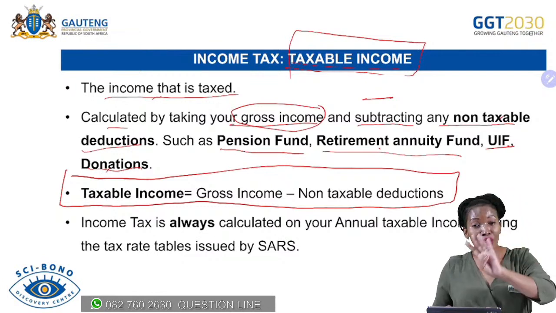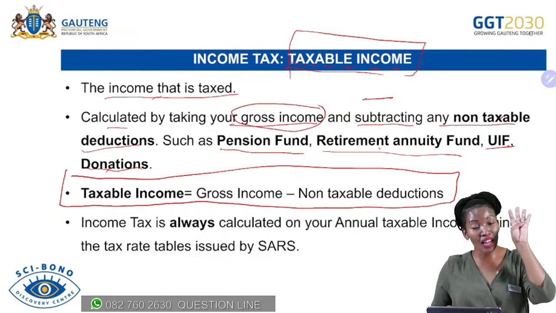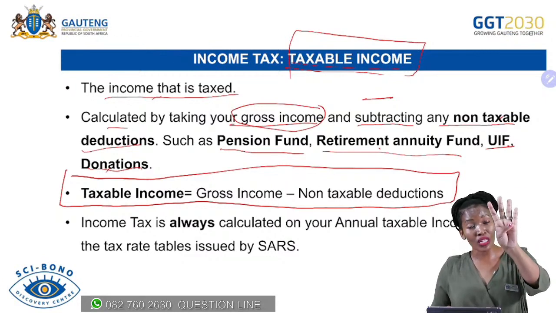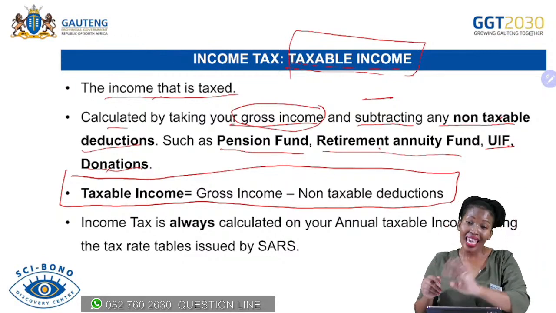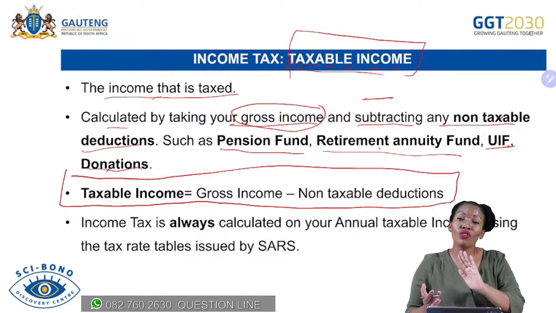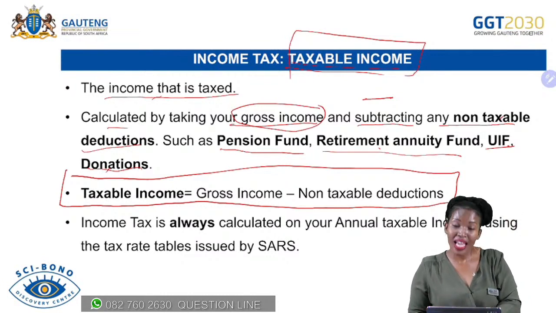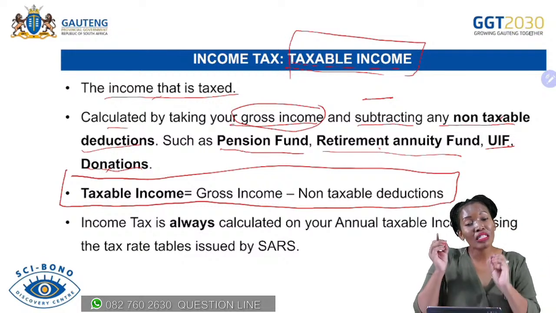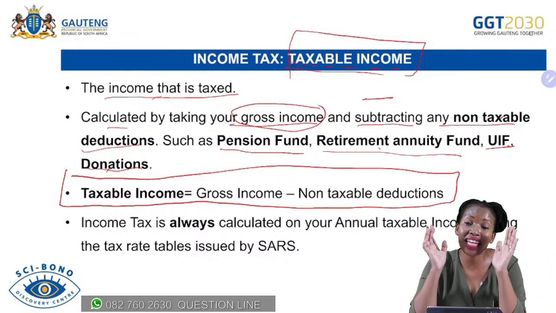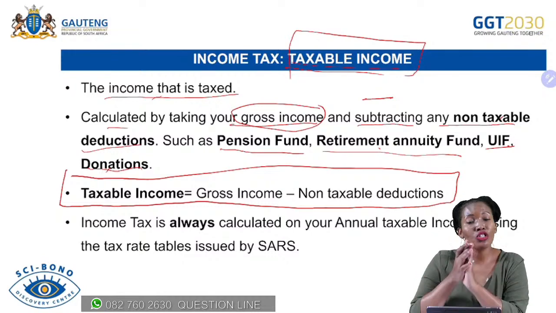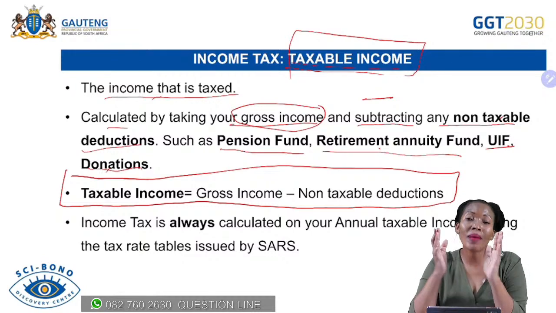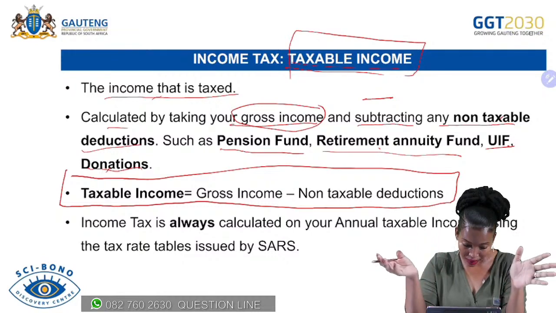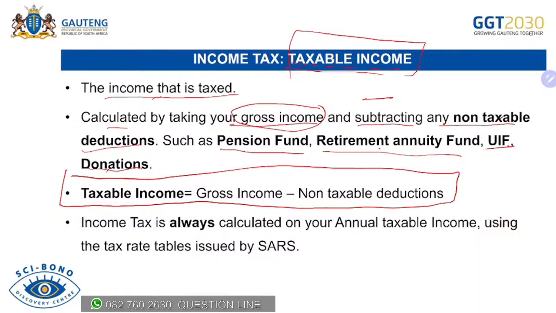So before you calculate your tax, if they tell you that a person has any of those, you first subtract them, and the answer that you get will be your taxable income. And remember, before you calculate an individual's tax, you must make sure that the amount is in annual form. How do you convert to an annual form? You multiply by 12.